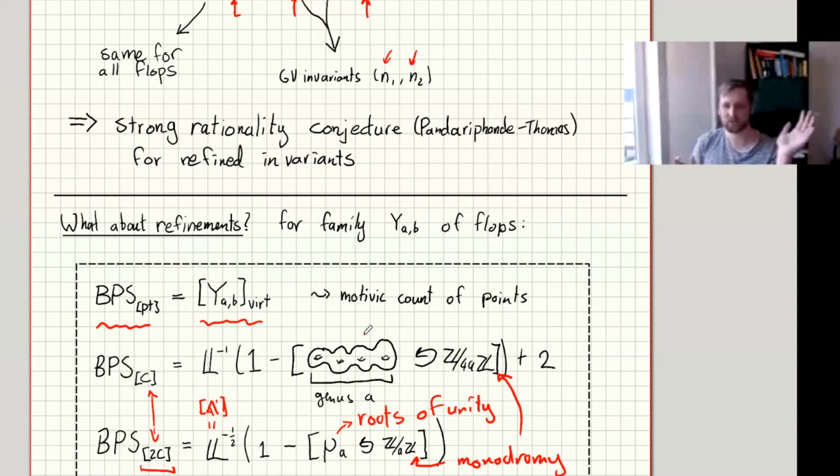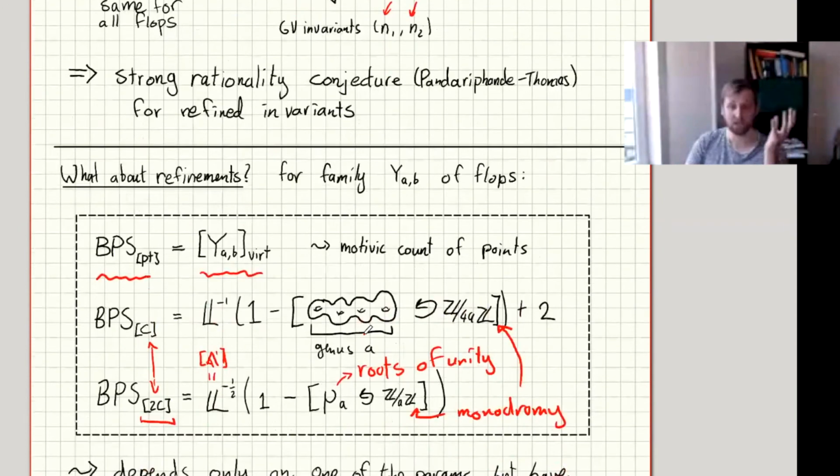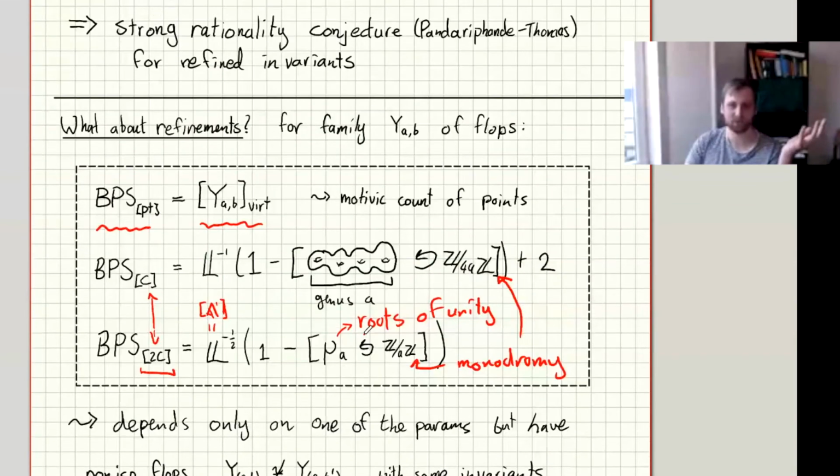So this is very intricate, and this monodromy is a bit mysterious where it comes from, but it's not quite enough to actually classify flops.